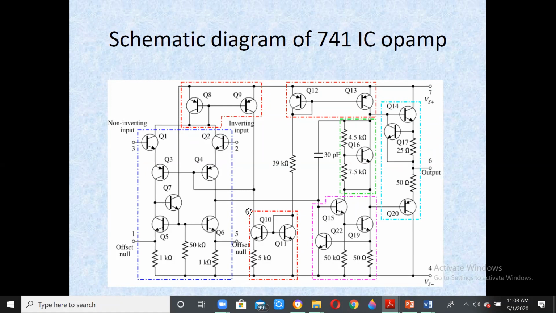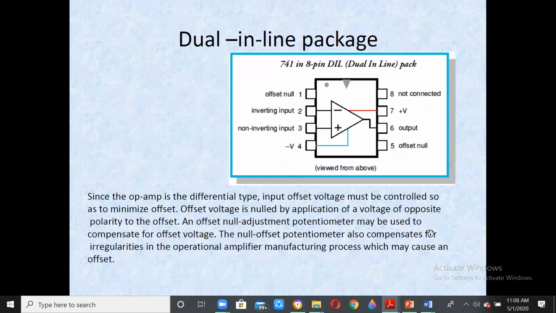And then you have the middle stage, balanced input but single output, because we are going to get this output. Then you have a level shifter at this point, using a constant current source, might be over here with a current mirror and all that. And then you have the output stage over here. Okay, that's the general picture.